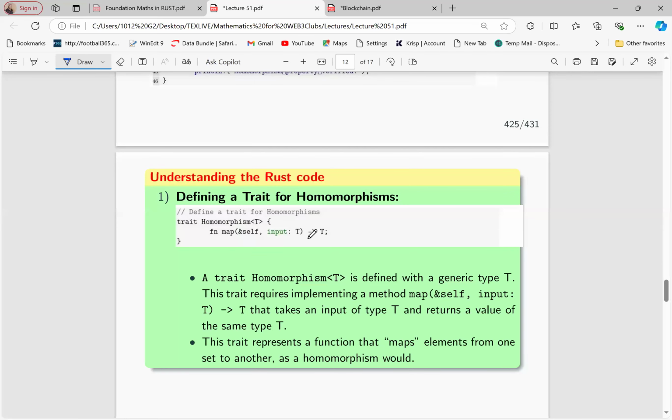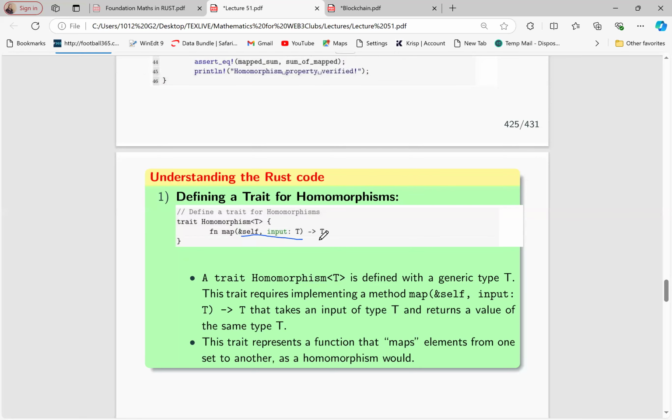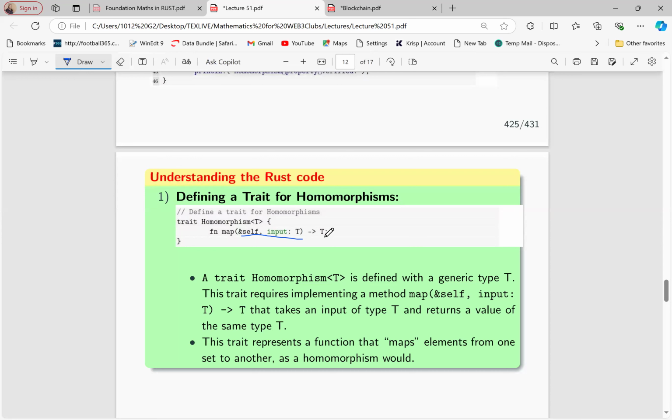If the input is T, then what will be returned is T. That's what it means.